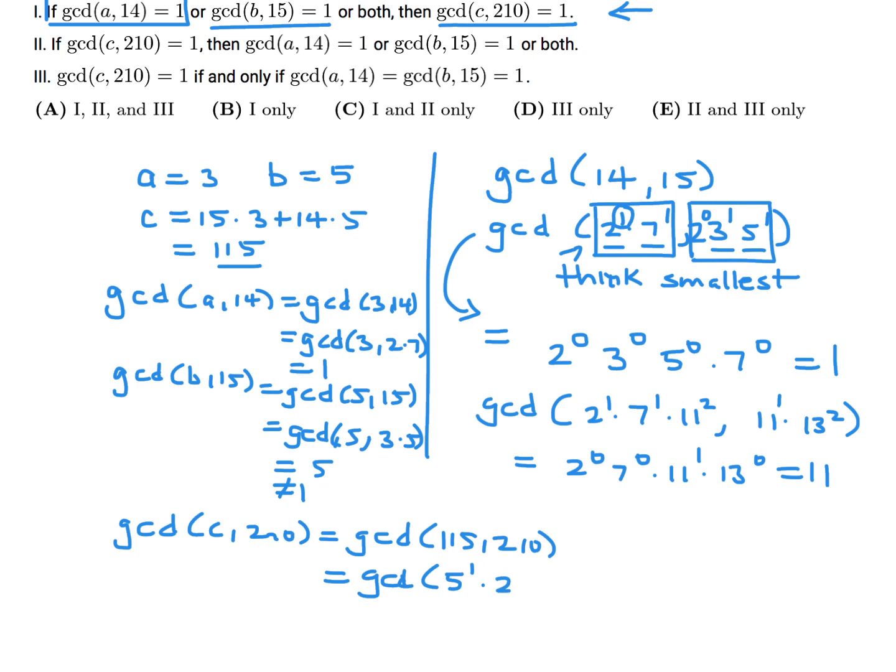Yeah, 5 times 23. And then 210 is 2 times 3 times 5 times 7. So this GCD is 5, which is not equal to 1. So it's not equal to 1. So this is false.